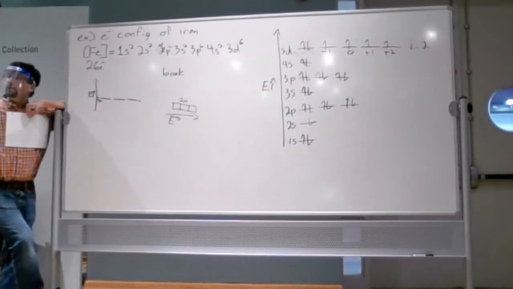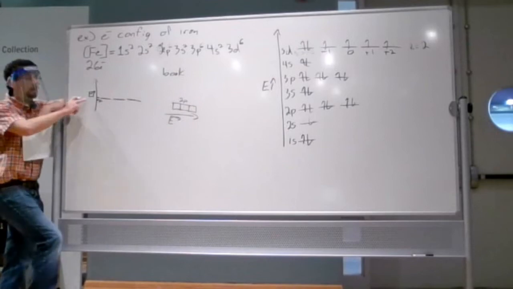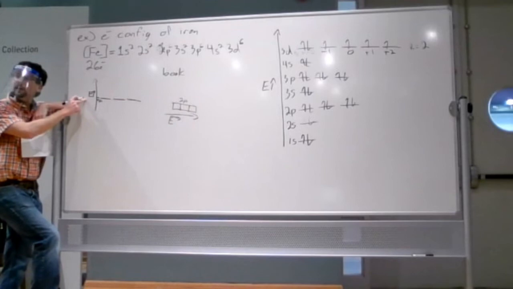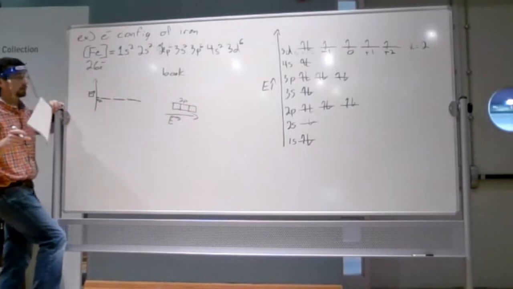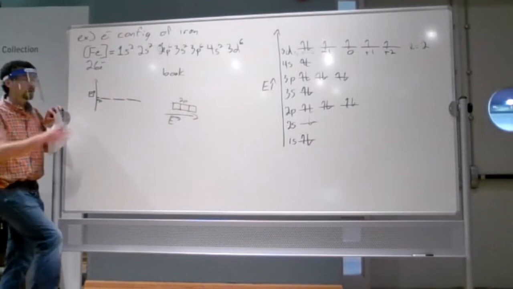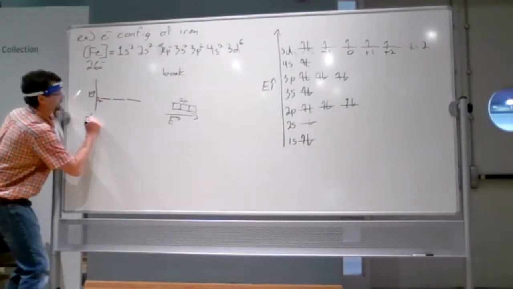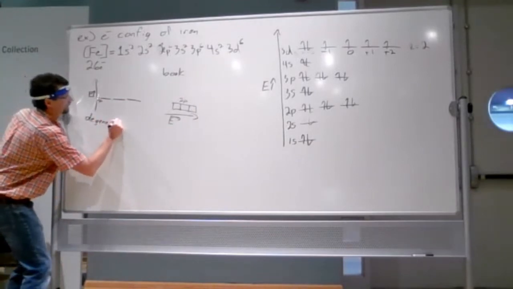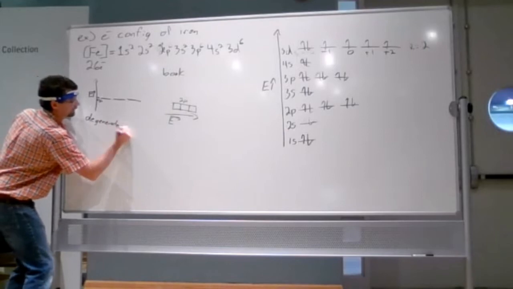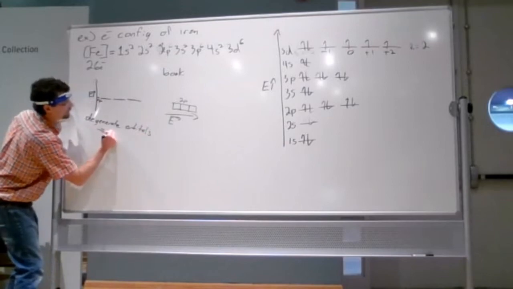Anybody know why the book is wrong? What can you tell me about the energy of these p orbitals? Yeah. The energy doesn't increase within the orbital, it's just with the energy levels. Yeah, basically. These are what's called degenerate. So these p orbitals are degenerate. Orbitals of the same energy.